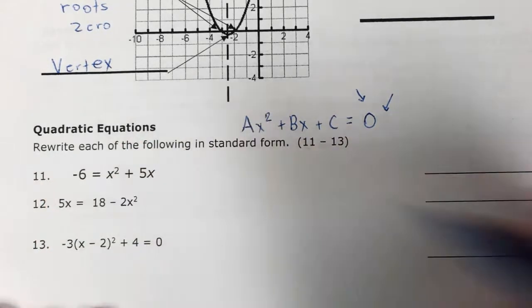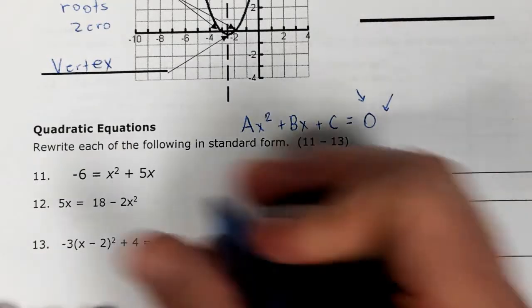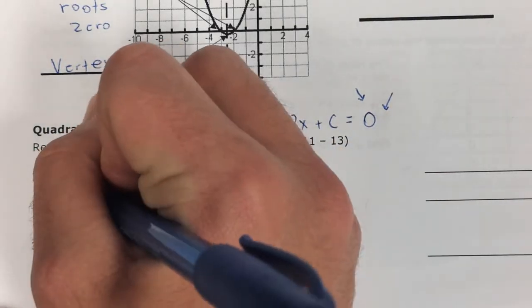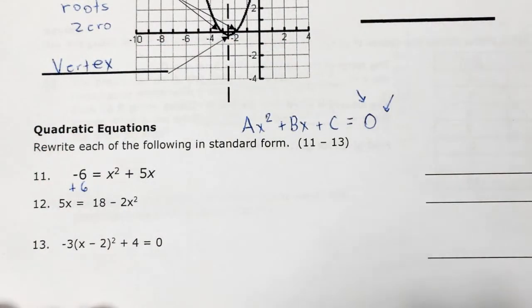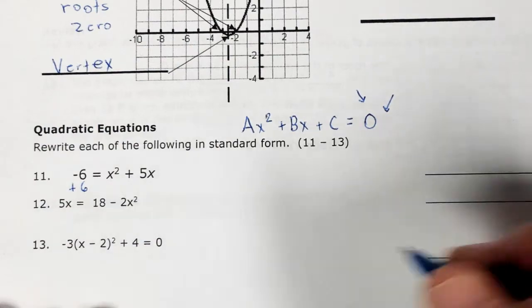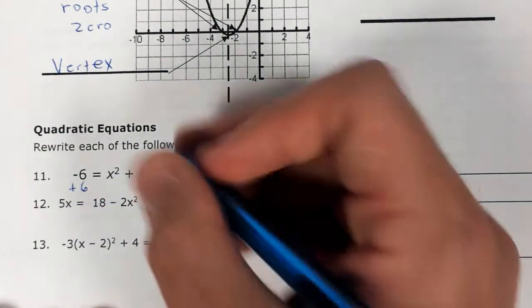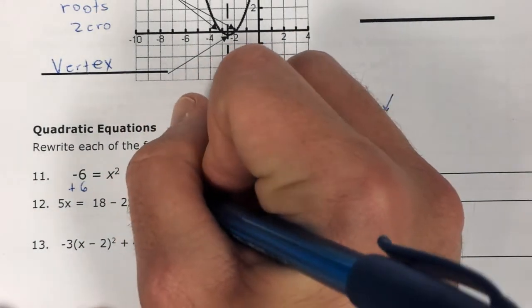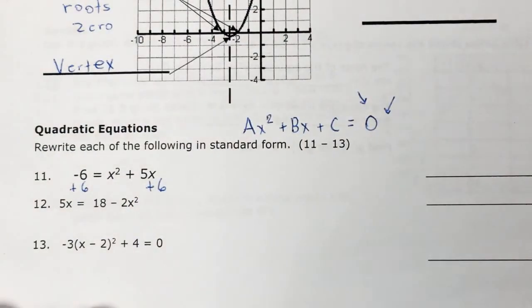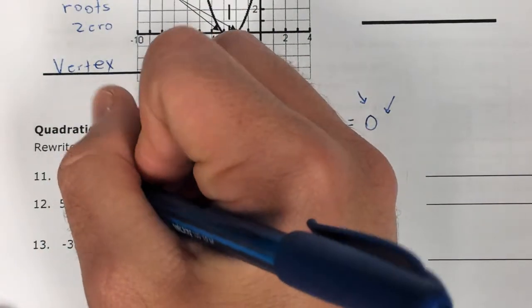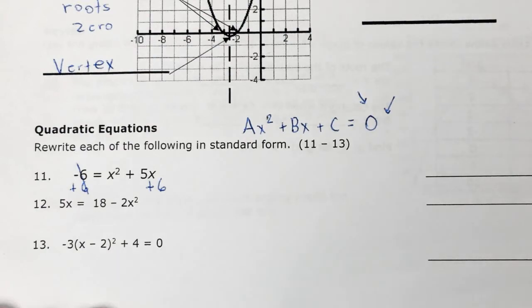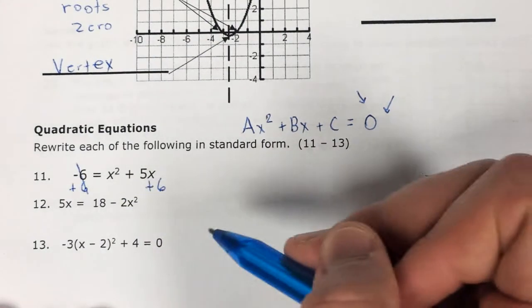So, to get this equal to standard form, I need to add 6 to get rid of that negative 6. And if I do it on one side, I have to do it on the other side. So negative 6 plus 6, those two go away. Can I combine this 6 with an x squared?